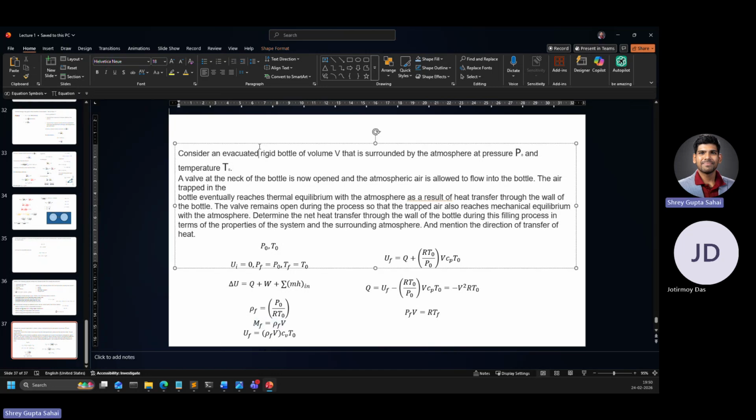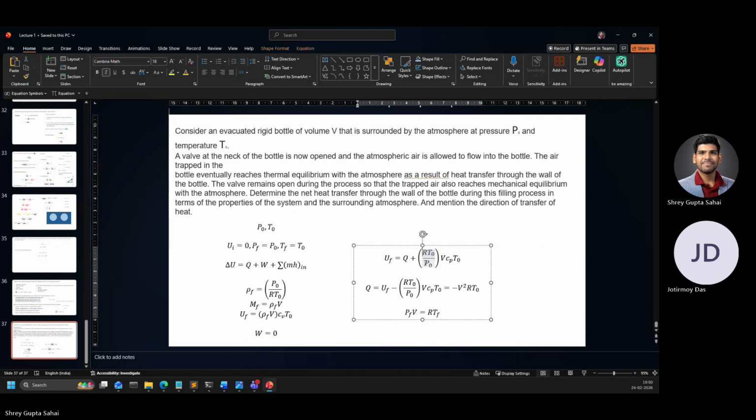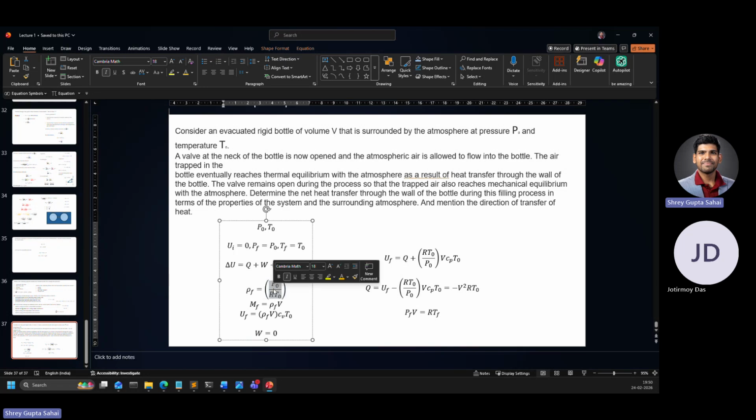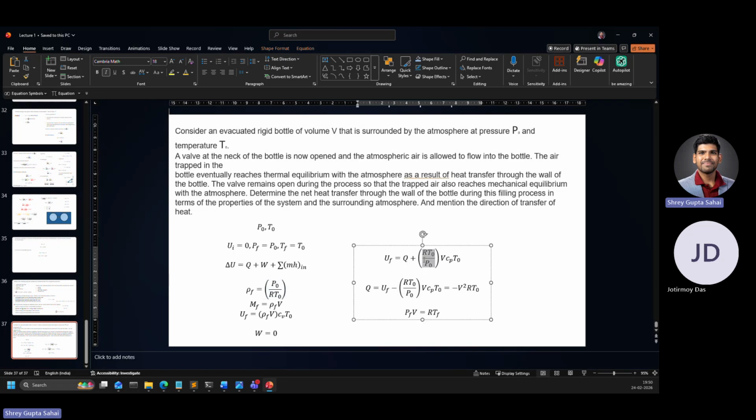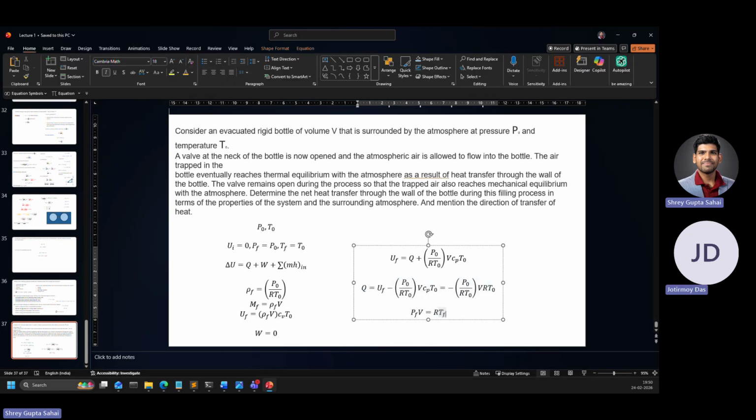And this will also be P naught by RT naught. That is important. And then P naught by RT naught. So now, okay, wait. The issue was of units. I made a units issue. So this RT naught gets cancelled. So you get what?